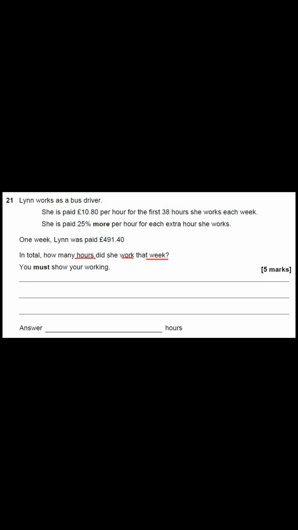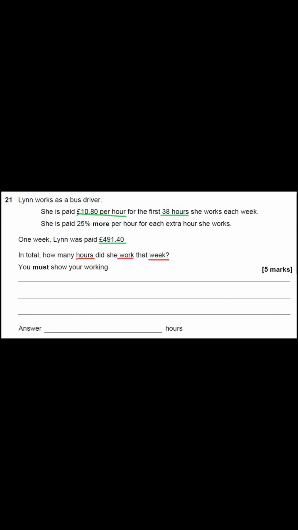So, once we know what we're looking for, now we have to figure out, what do we already know? Well, what we know is that Lynn was paid £10.80 per hour. We also know that she got paid that much for 38 hours. So we know how much she got paid in 38 hours by multiplying £10.80 by 38.